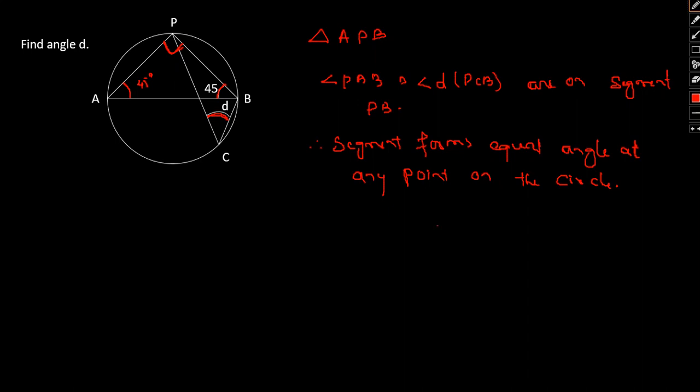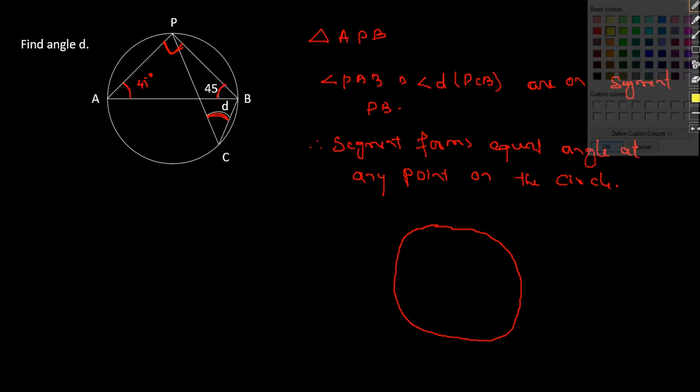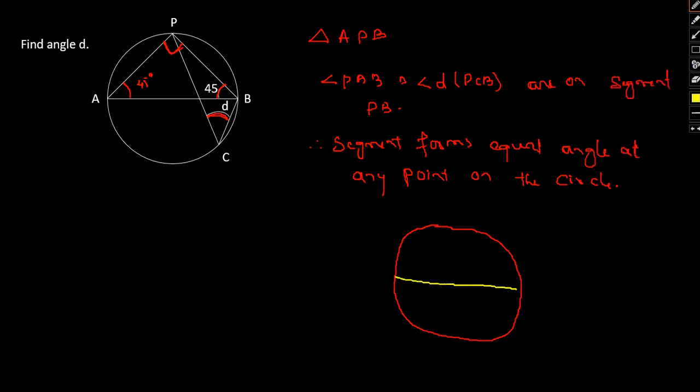Let me give you an example, just to explain this particular point. Say this is my circle and let me take the biggest chord possible. Say I take the diameter. So the angle at this point, we know the angle formed by the diameter is 90. This will be 90, this angle will be 90, this angle will be 90.